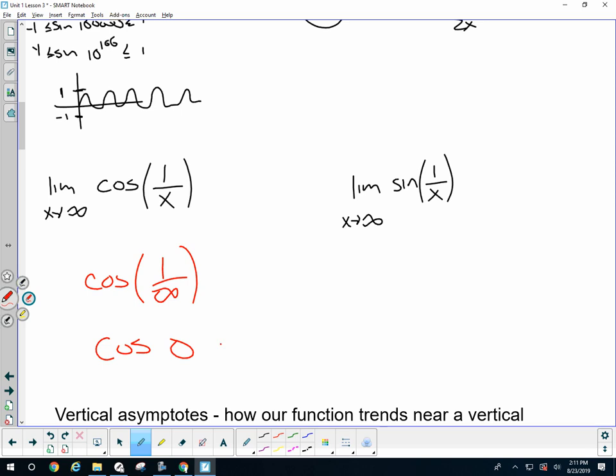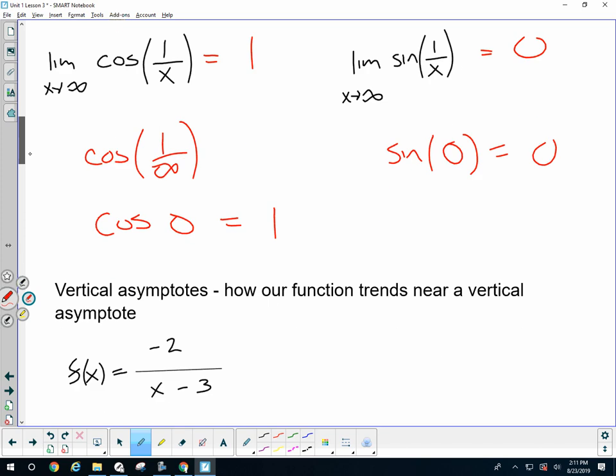Very good. Second one is 0. Very good, because it'd be like the sine of 0. 0. Okay, cool. All right, that was horizontal asymptotes.